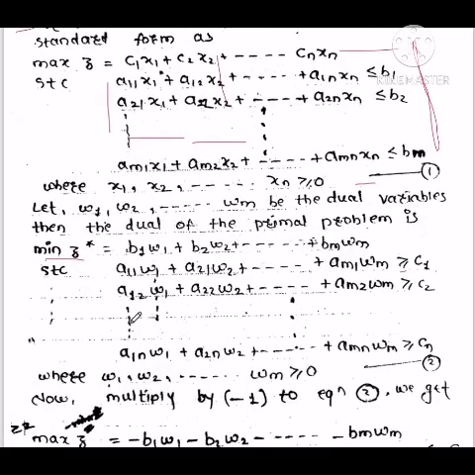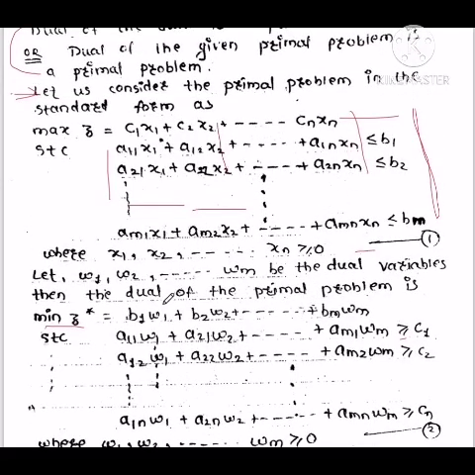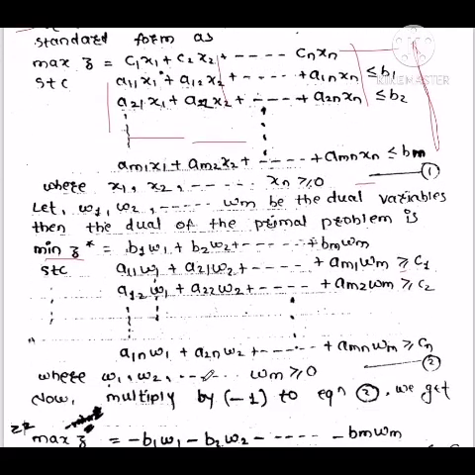The last term, the nth, is a1n w1 plus a2n w2 plus and so on plus amn wm greater than or equal to cn, where w1, w2, wm greater than or equal to 0. These are the dual variables. The whole of equation number 2 is called the dual of the given equation number 1, the dual problem of the given primal problem.